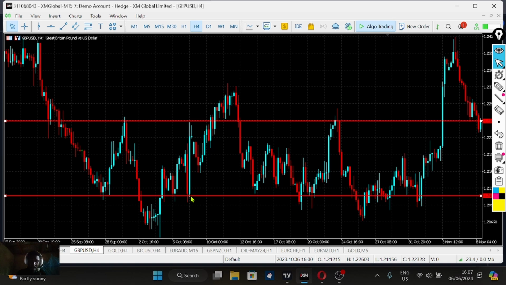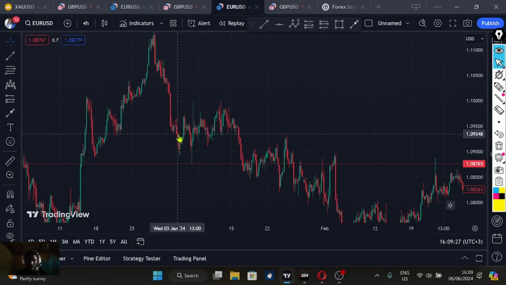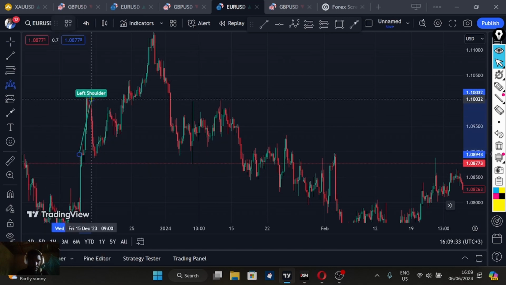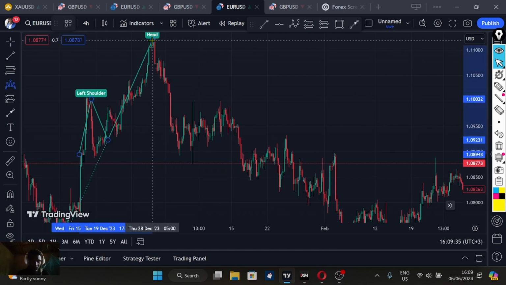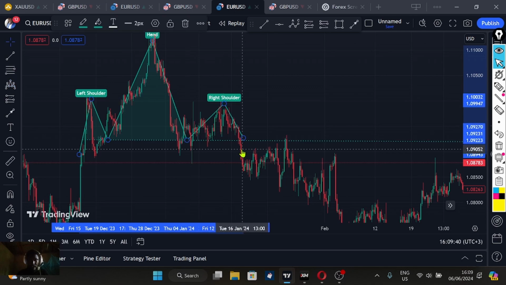Now, let's look at head and shoulders, a reversal pattern. Let's draw the head and shoulders, then I will explain. This is the first shoulder, the head, and the second shoulder.